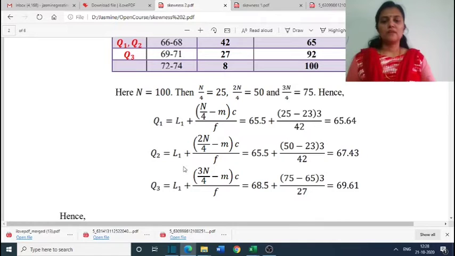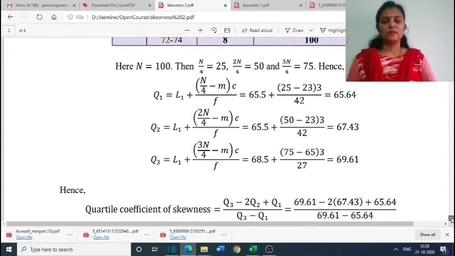Q2 is equal to L1 plus 2n by 4 minus m into c by f, which is 65.5 plus 50 minus 23 into 3 by 42, which is equal to 67.43. Next Q3 is L1 plus 3n by 4 minus m into c by f, which is 68.5 plus 75 minus 65 into 3 by 27, which is equal to 69.61.